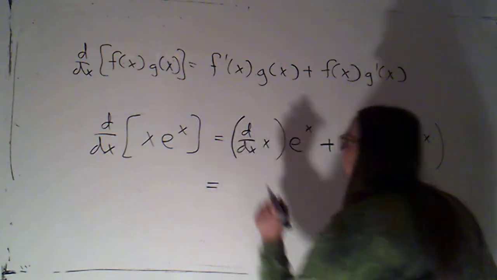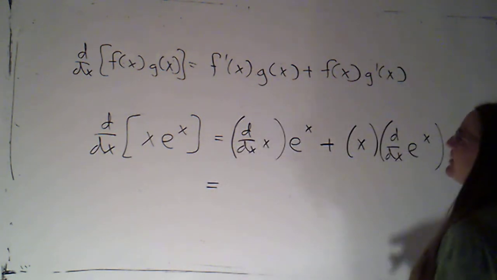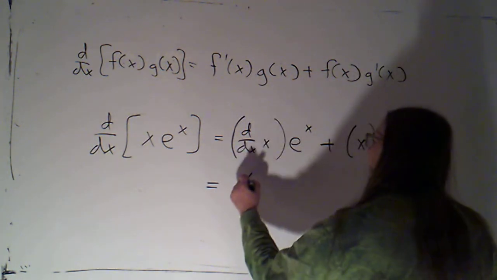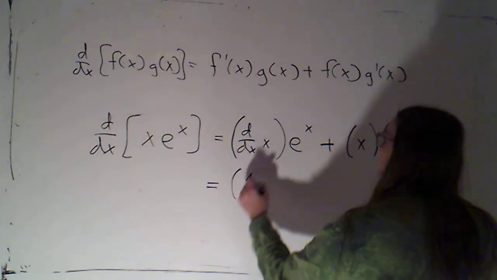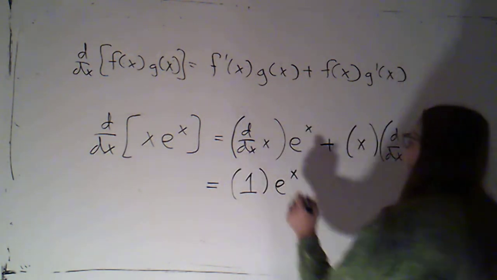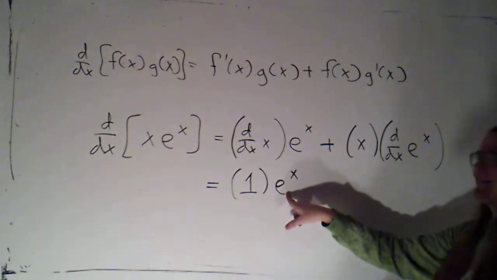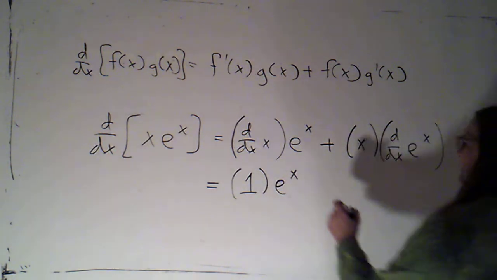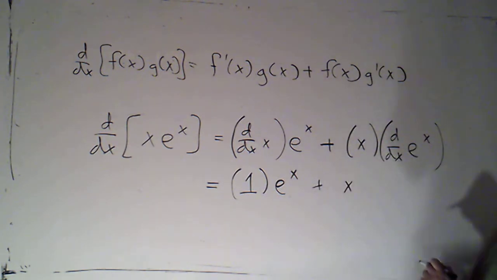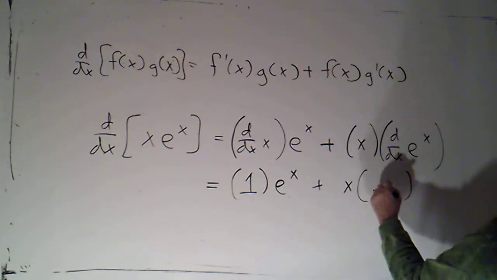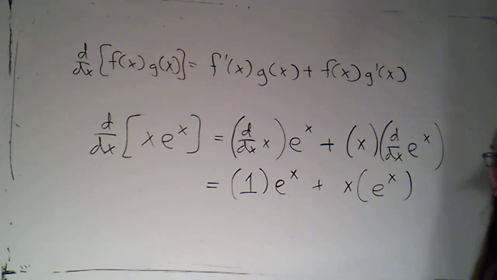So then I go back, and in the next step, I evaluate those derivatives. The derivative of x is just 1 times e to the x. Now, I don't have to write that 1. If you feel comfortable saying, hey, 1 times this is just e to the x, that's totally fine. Plus x, and then the derivative of e to the x is just e to the x.